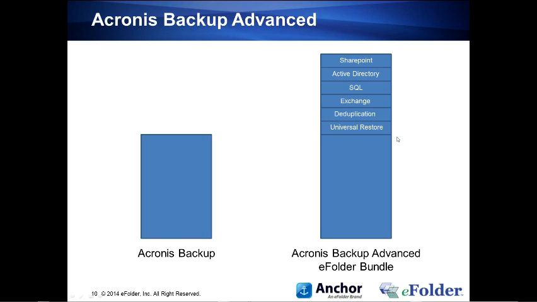So in most cases you do need to license a new license from eFolder because it has this complete feature set that allows you to do this complete disaster recovery solution.